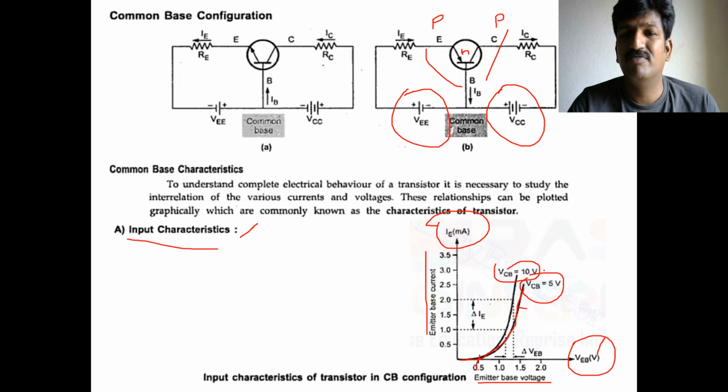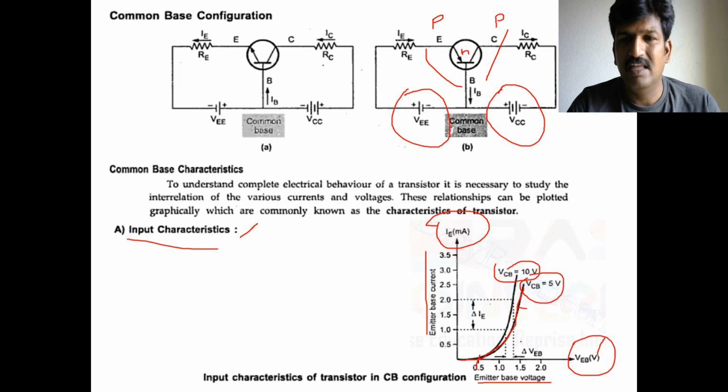After that the current rises. It means the minimum voltage requirement must be satisfied to put the diode into forward bias. Then only will the diode conduct, and consequently current passes through that junction. That current you can call the emitter base current, or the emitter current.